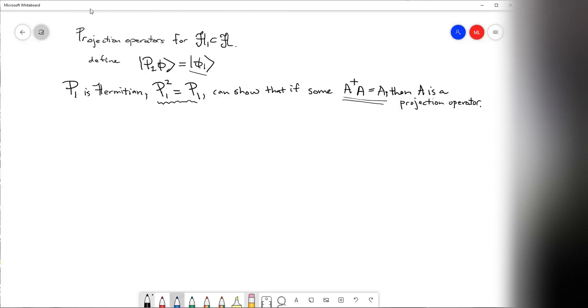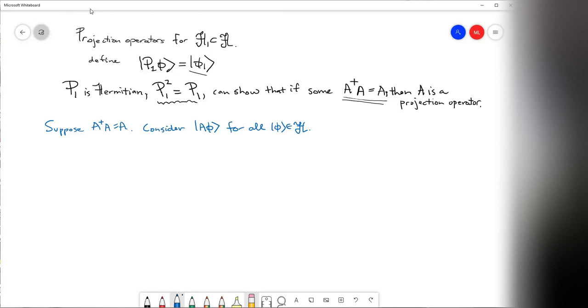So let's look at that a little bit and see why that might be the case. Suppose we just assume that A dagger A is equal to A, and then we can consider the set of vectors A phi, for all phi in your Hilbert space.